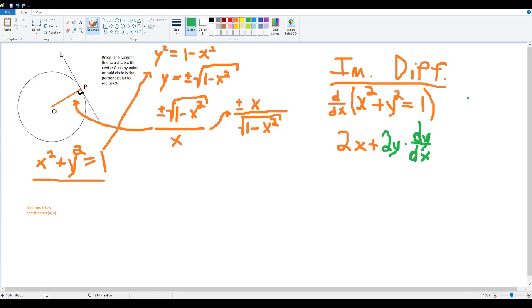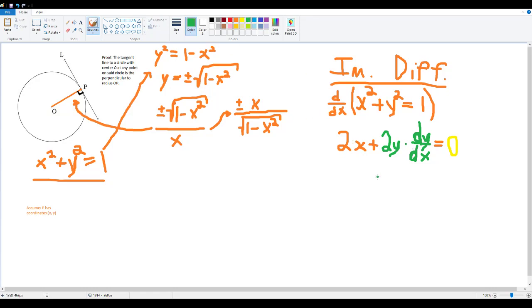So, that way, now, if we set this equal to the derivative of 1, which is equal to simply 0, okay?